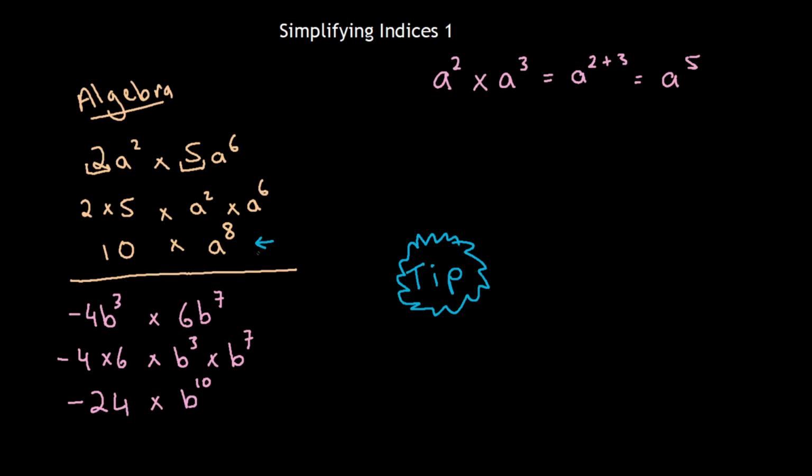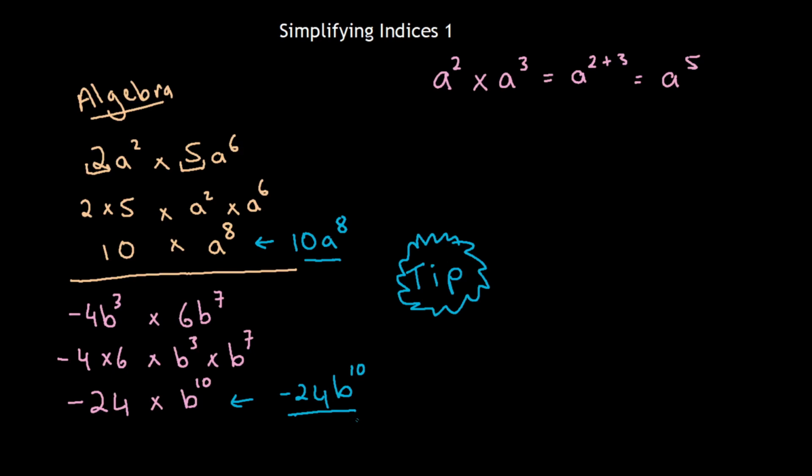Okay, so we can rewrite that answer as 10a to the power of 8. Okay, it means the same thing, 10 times a to the power of 8. Here we can rewrite that as negative 24 and then b^10. Okay, it just makes more sense to say I've got 10 lots of a to the power of 8, or I've got negative 24 lots of b^10s.